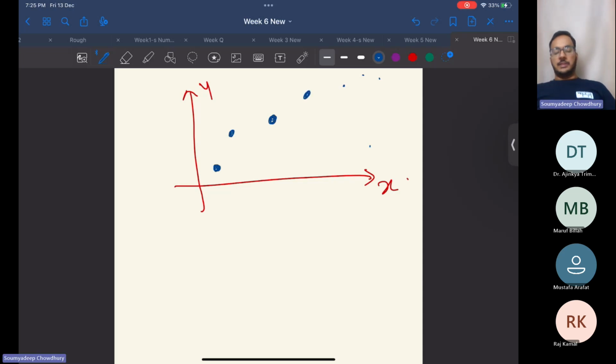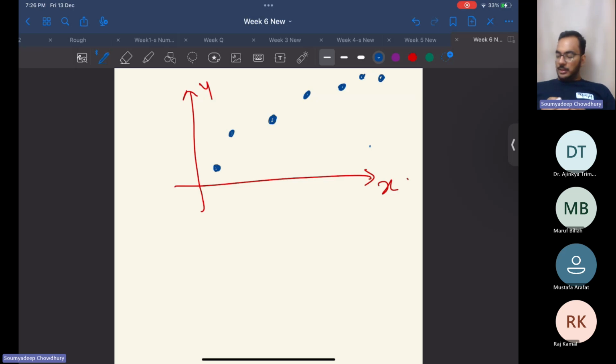So this is basically the scatter plot of any experimental result. Okay. So you try to find out a relation between this dependent and the independent variable.